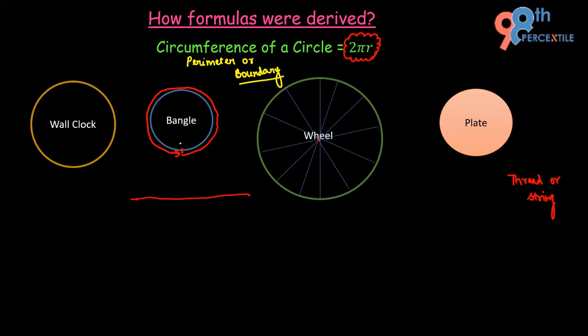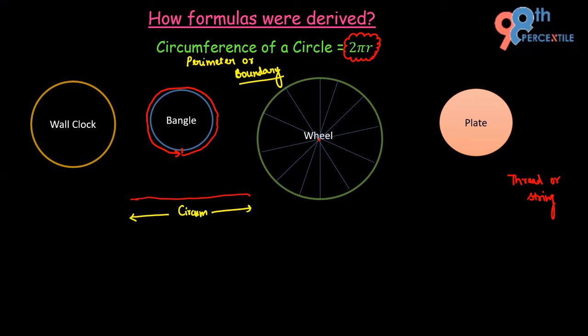So when you wrap this thread around the bangle, spread it out and measure the length, you are actually finding the circumference of this bangle, right? So this will be the circumference of the bangle.